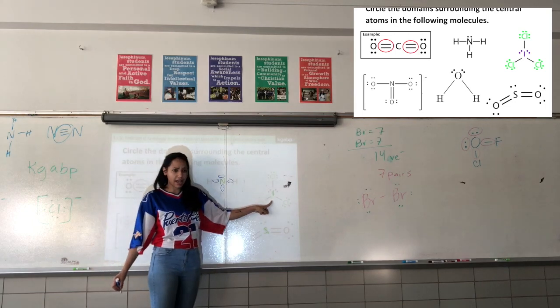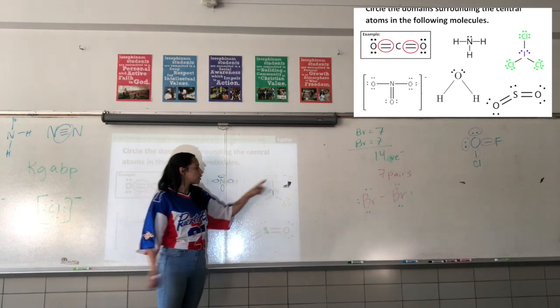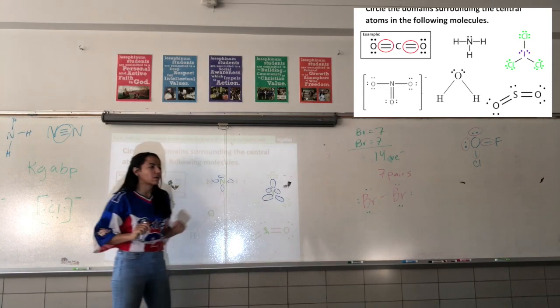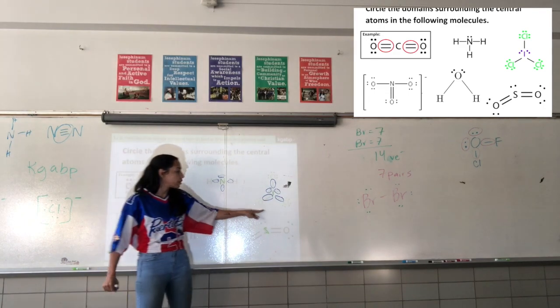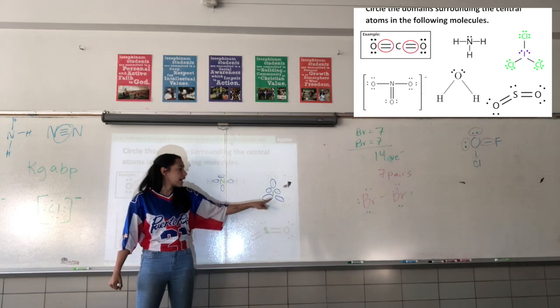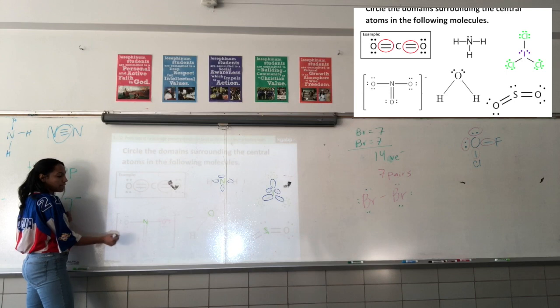How many does iodine have? 1, 2, 3, 4, 5. I'm only circling the ones that are on iodine. So I don't count all these ones on chlorine, because iodine is the central atom. This one, how many? 3.